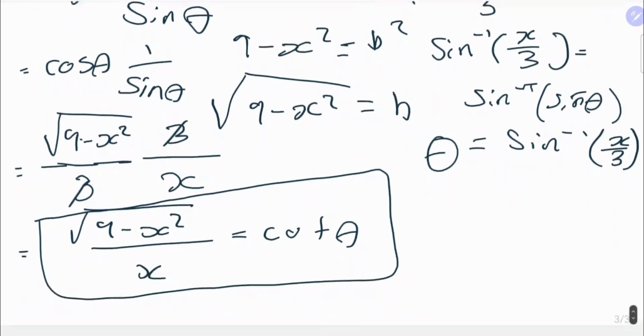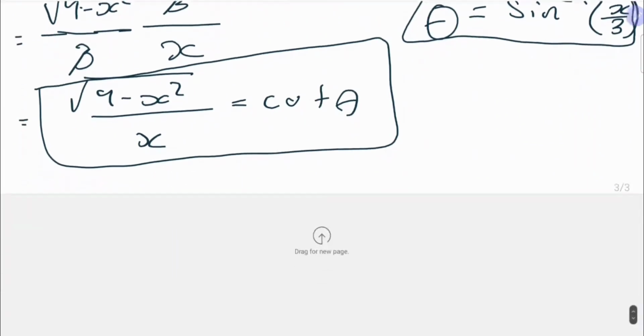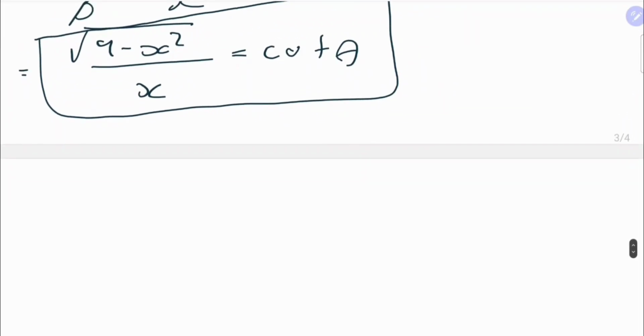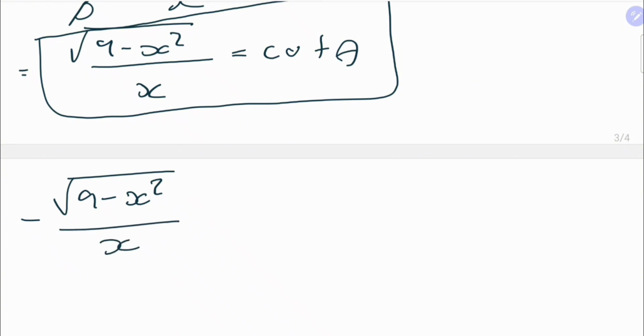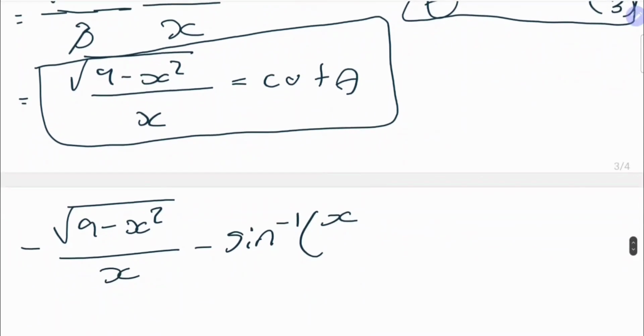So now we can go ahead and put these two into our final answer. So negative root of 9 minus x squared over x, minus sine to the negative 1 of x over 3, plus c.